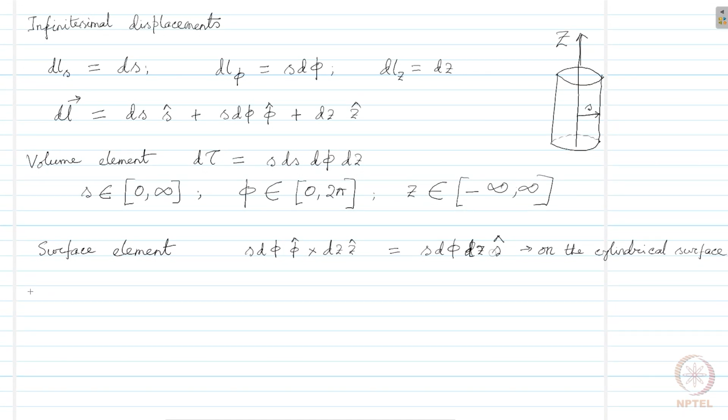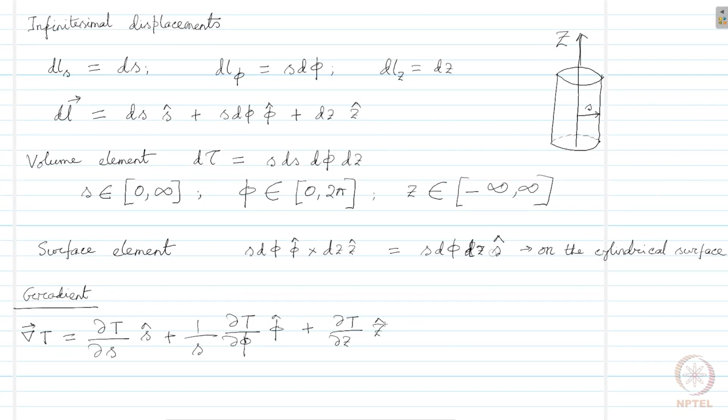Let us move on to writing down the expressions for gradient, divergence, curl, and Laplacian. The expression for gradient of a scalar field T is given as del T del s s cap plus 1 over s del T del phi phi cap plus del T del z z cap.